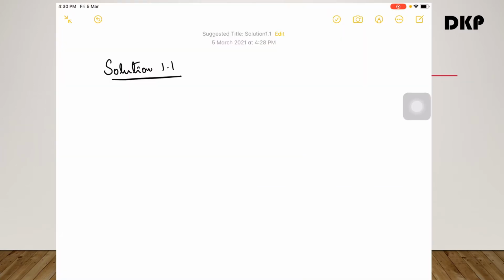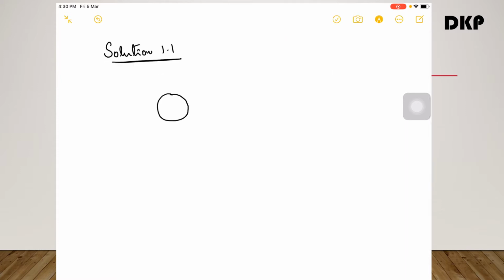Let us solve the first question. Suppose this is a sphere with a charge q1 and this is another sphere with a charge q2, and let the distance between these two spheres be r.